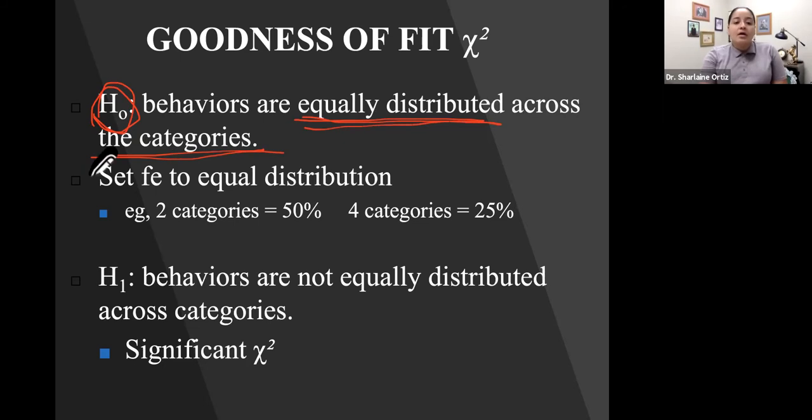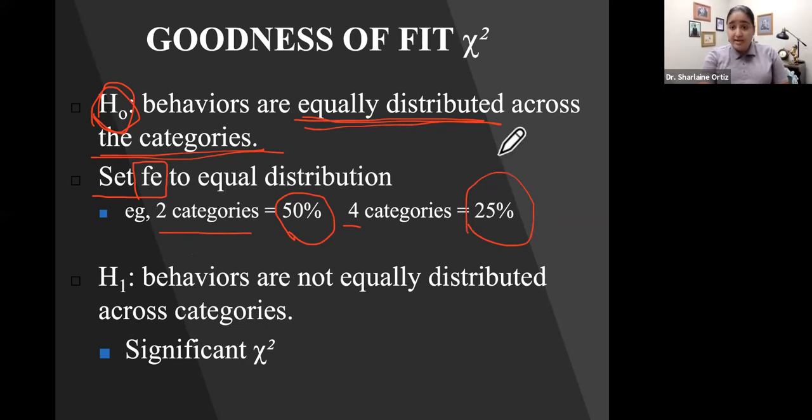Now, let's give you an example of how we're going to set that expected frequency. If we have two categories, I would expect that about 50% of all of my observations are going to be in each category. Or if I have 4 categories, I would expect that those tallies be 25%.